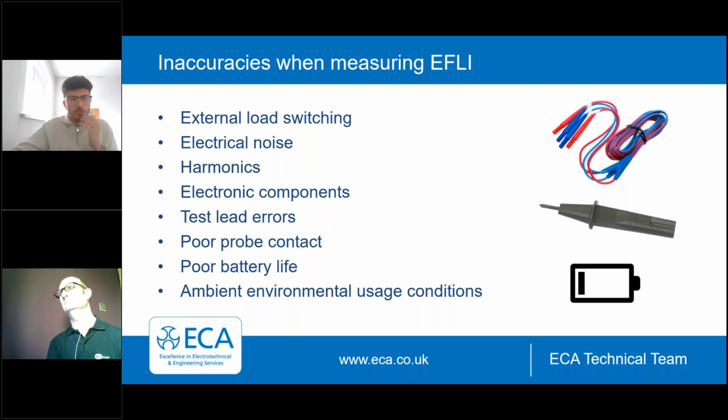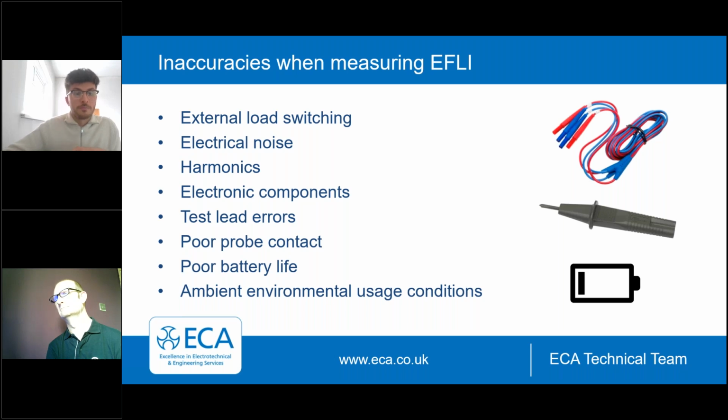And then I think the final four things here, more basic things, but these can affect Earth Fault Loop impedance readings in terms of accuracy, but they can also affect other types of tests. I think one definitely to point out as it's relevant today is continuity testing. So if you've got issues with your test leads, they're damaged, you may see fluctuations within your readings.